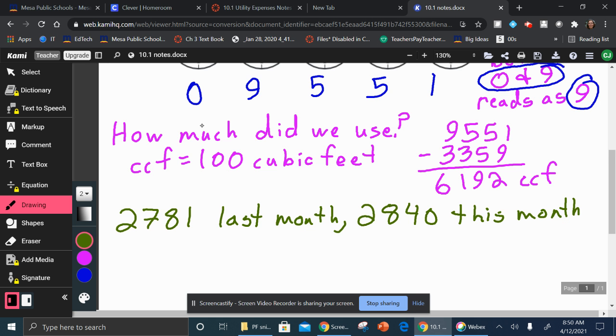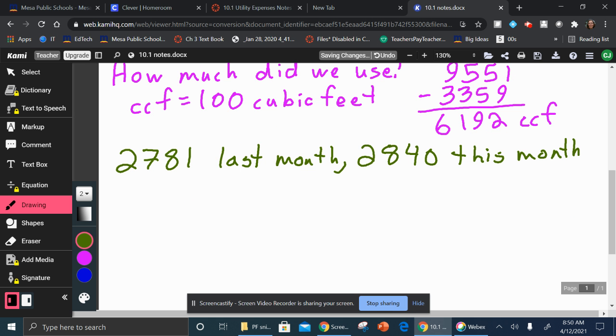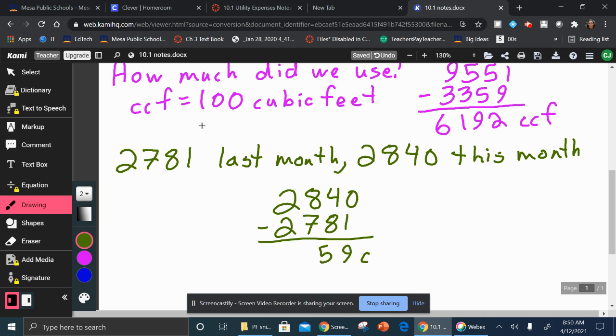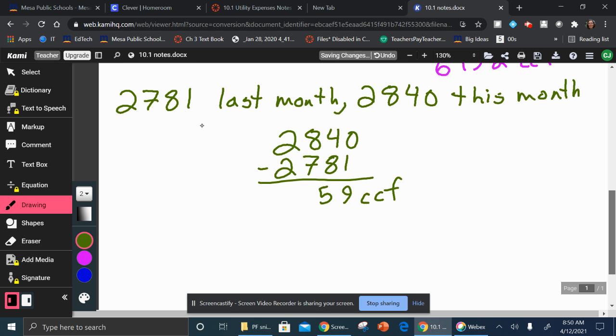How much did we use? So we're going to subtract them. 8,440 minus 2,781. So we get 59,100 cubic feet for water.